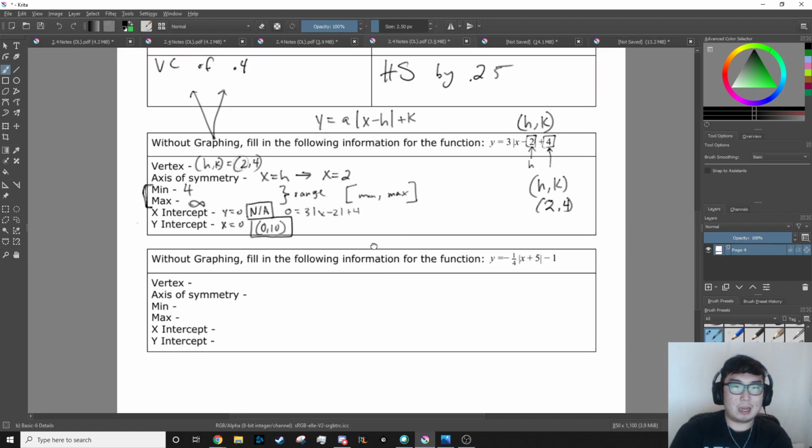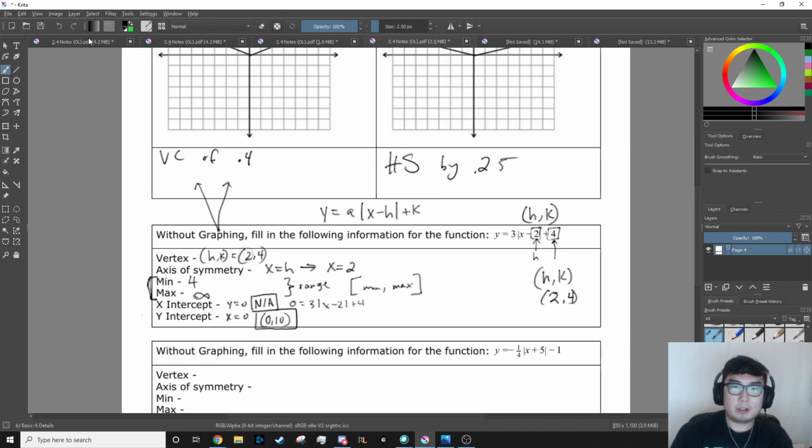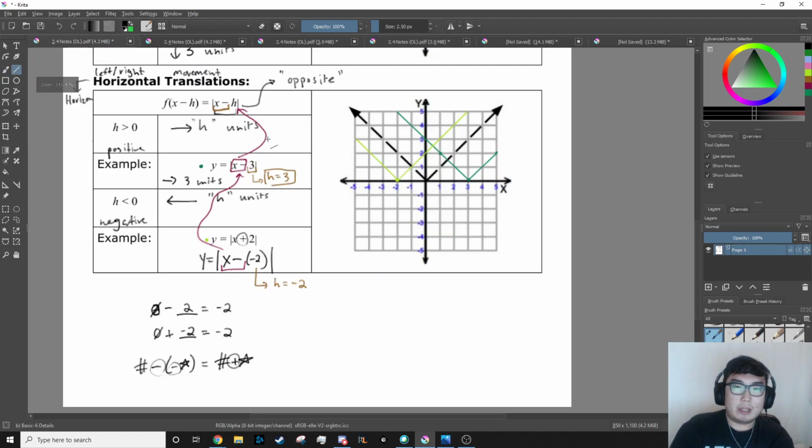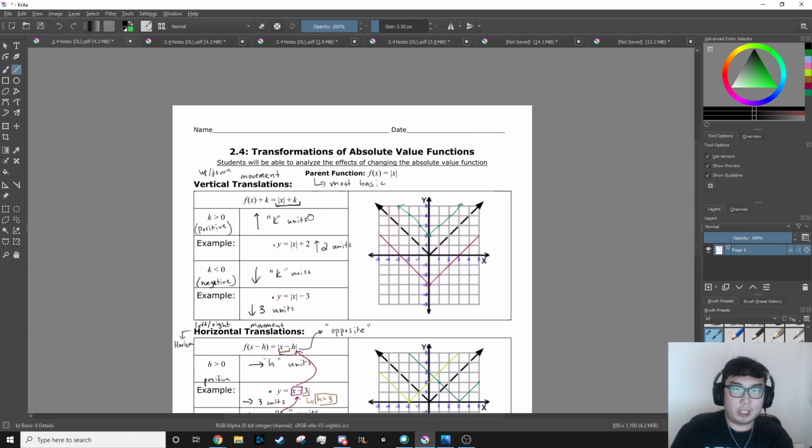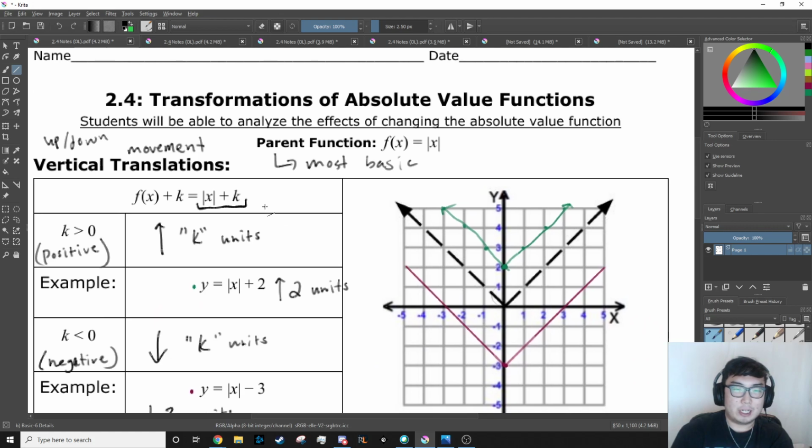But I'm going to end it here. Today we learned all these things that can change our absolute value function. We can move it up, down, left, right, make it fatter, make it skinnier, vertical stretch, vertical compression, reflect over the x-axis, reflect over the y-axis.